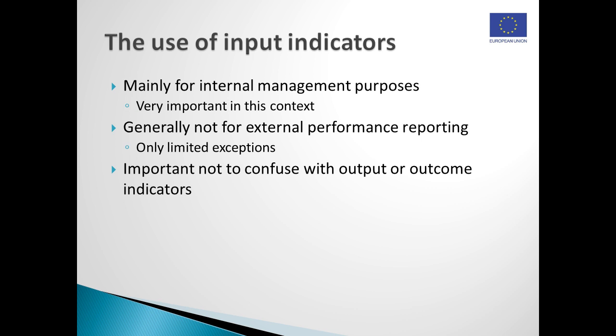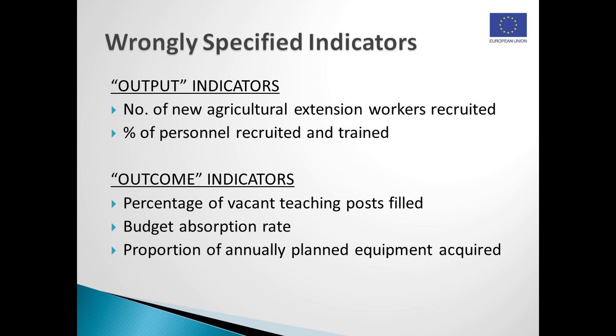And in this context, it becomes very important not to confuse input indicators with either output or outcome indicators. Unfortunately, it's not at all difficult to find examples where ministries have confused input indicators with either output or outcome indicators. And let me just point to a couple of real-world examples.